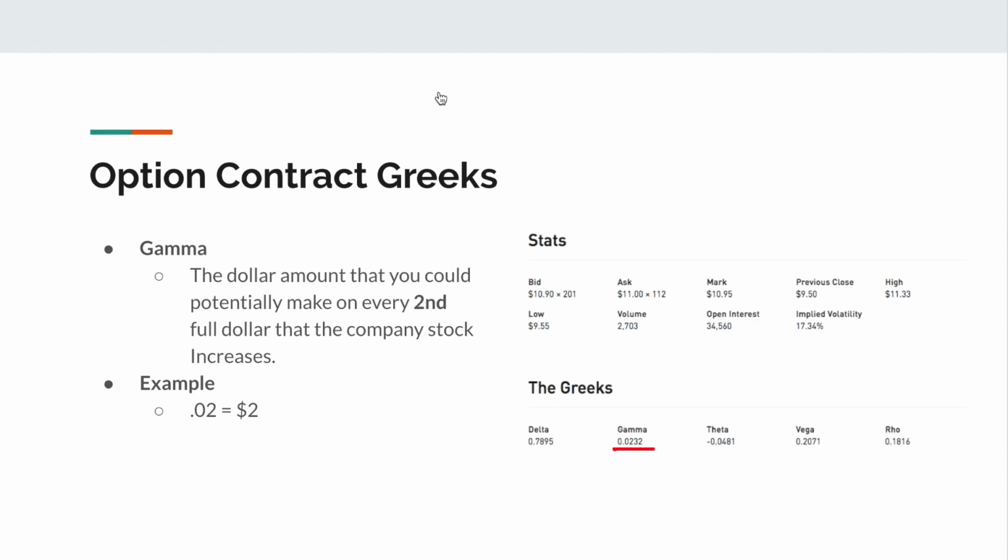So say you bought that Caterpillar stock and it's moved up from 100 to 102. So now what have you made? If it's moved up $2 whole, and by the way, these are very high deltas and gammas. This was probably taken off of a very inexpensive stock. When delta and gamma are this high, it's usually an inexpensive stock, because on a large cap stock like Apple or Netflix, depending on how far out of the money or in the money it is, this number is usually a lot smaller.